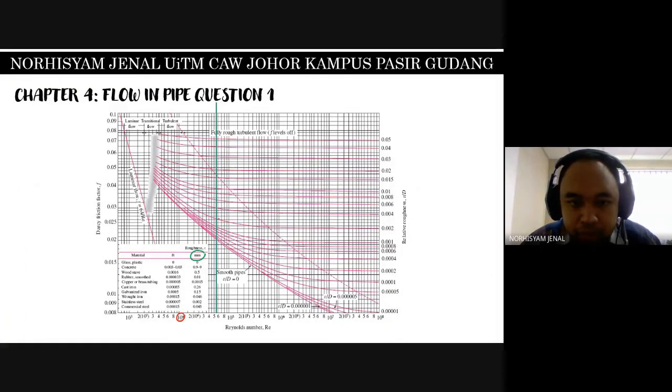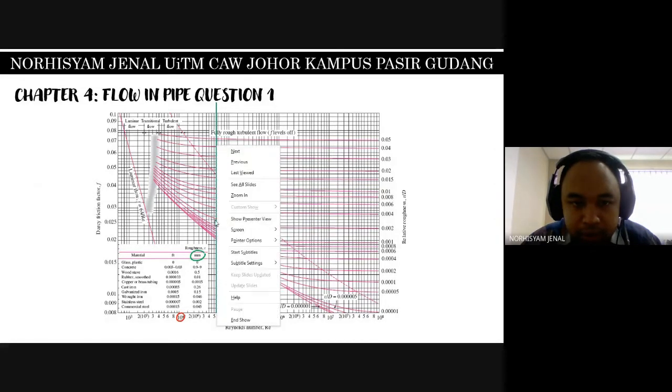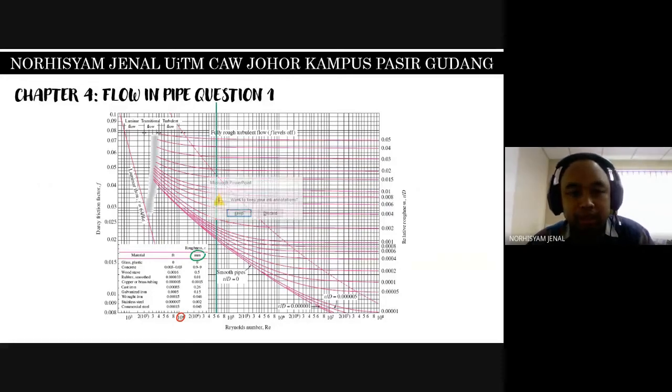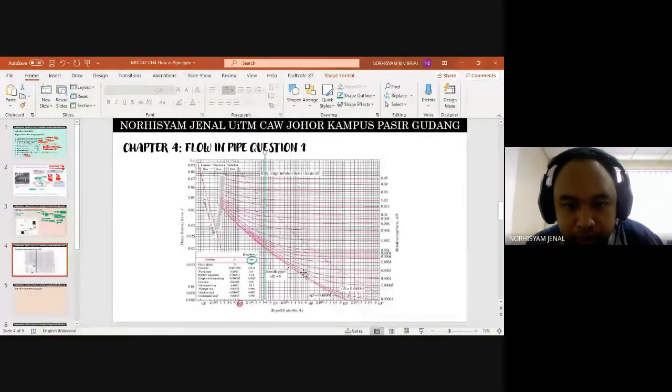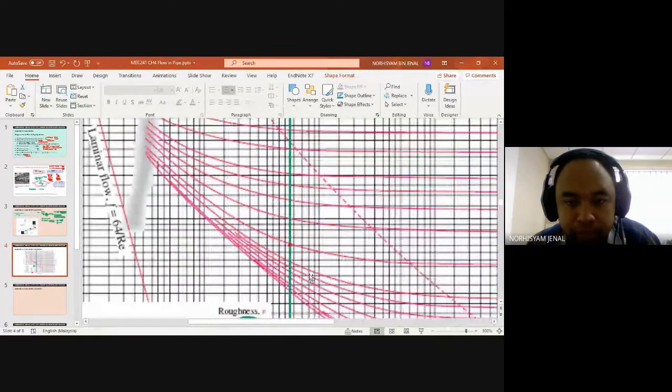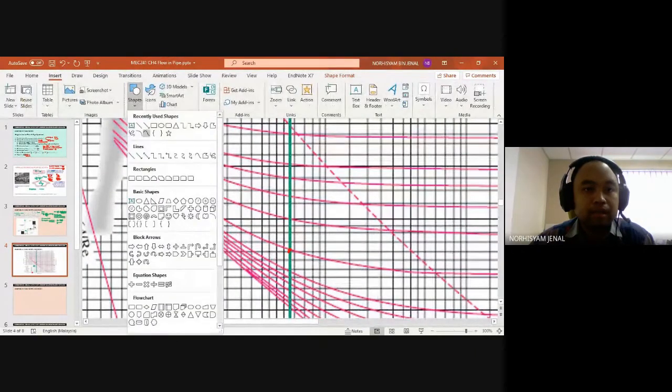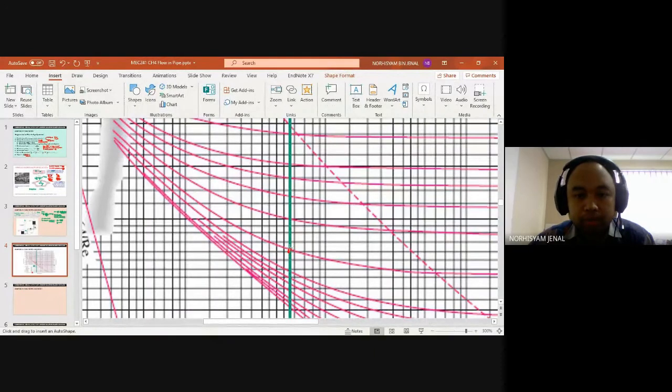Just follow it until you meet the intersection. So here is the intersection, and from the intersection, we will need to draw another line from here.